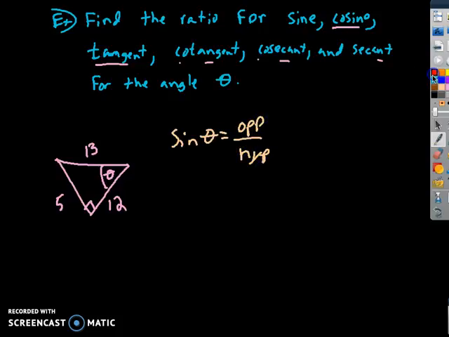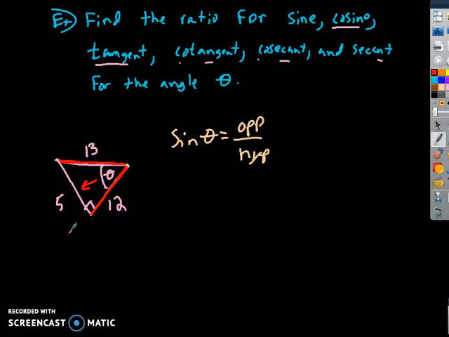When I was in 10th grade learning geometry, I just learned that whatever opposite was, it was the one that didn't make the angle. Both of these sides make the angle, so neither one of those could be opposite. That only leaves one side left for opposite, and that's the 5.